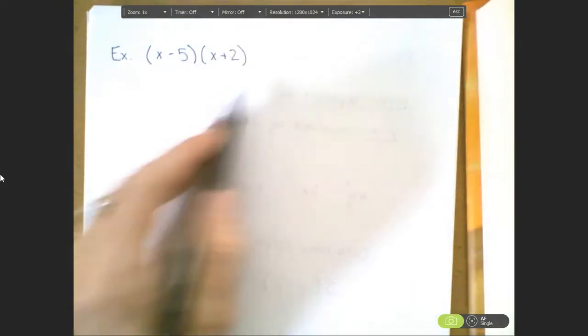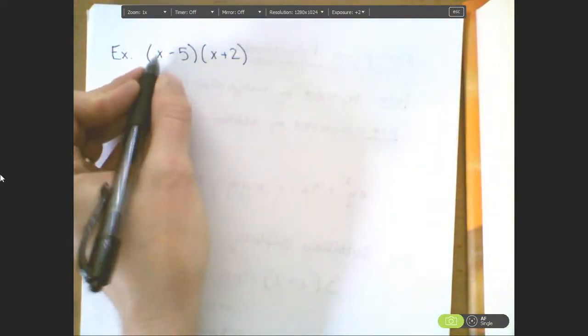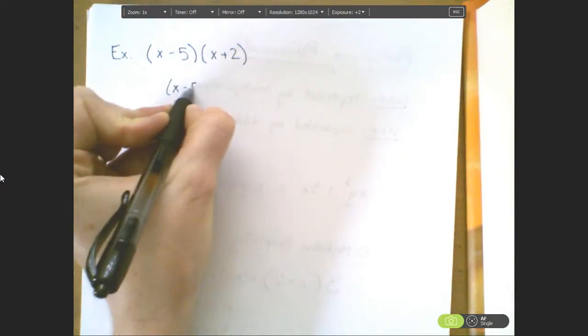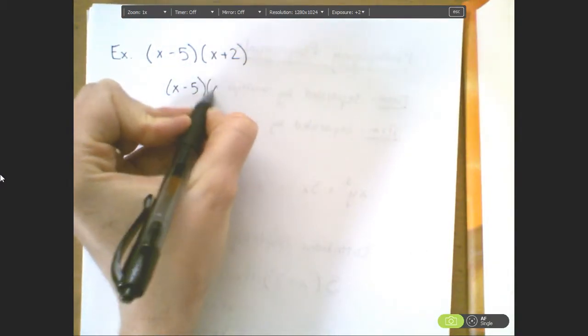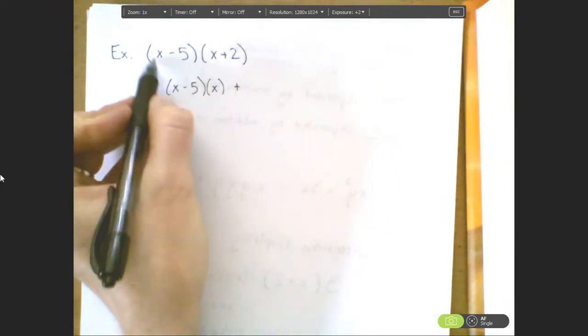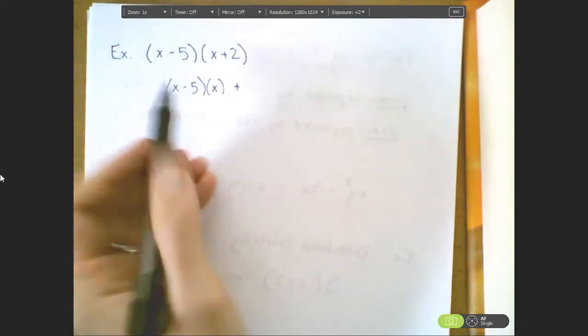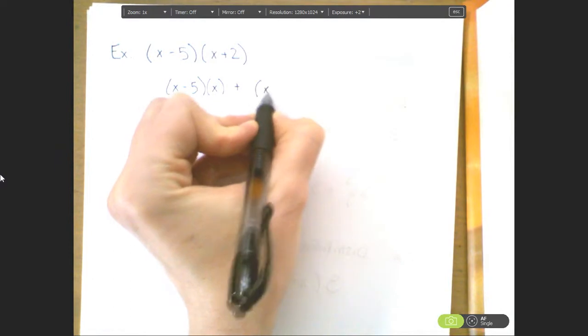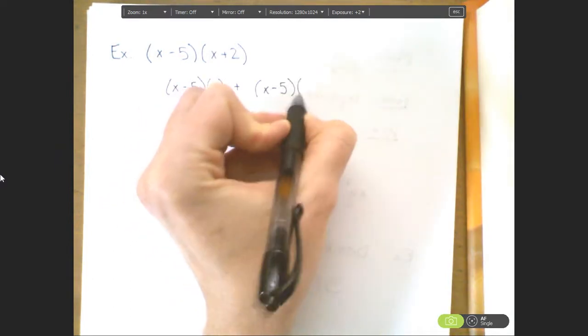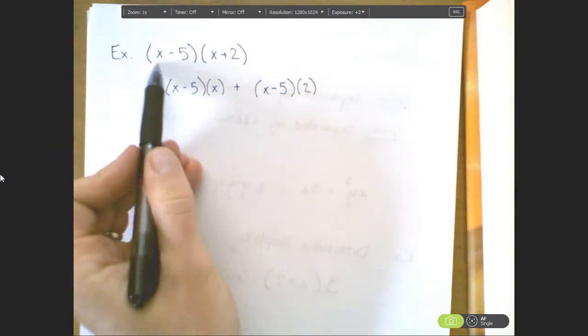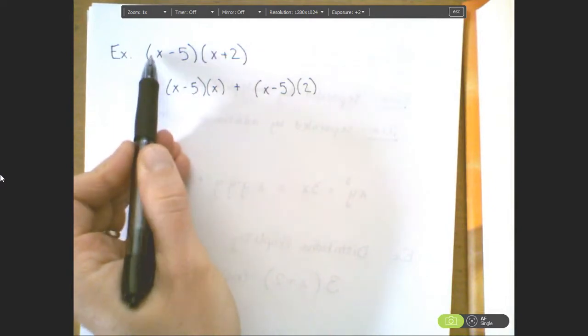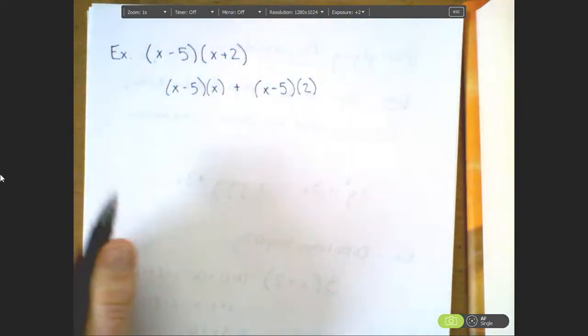So one way to think about writing this out is to write it as x minus 5 times x, and then I'm going to add the x minus 5 times 2. So really in this case, instead of having a 3 as my initial coefficient, I'm thinking of an x minus 5 as my initial coefficient.